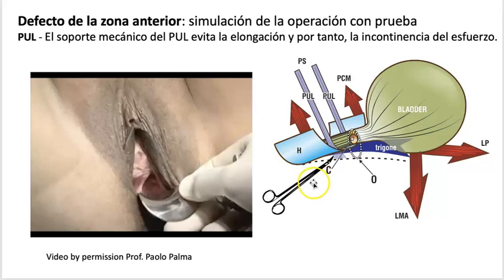What the hemostat, la pinza, does is to mechanically support it, and that stops the urine running out and restores the closure mechanism.